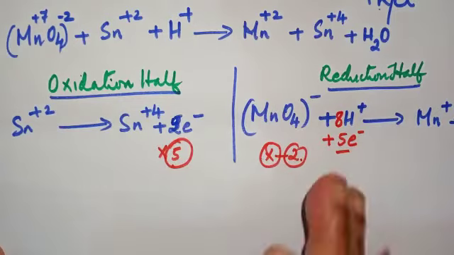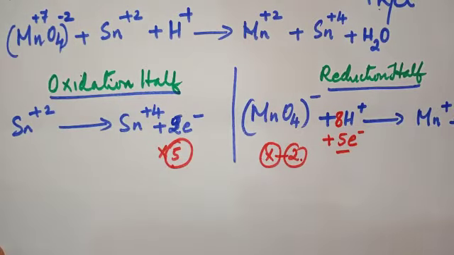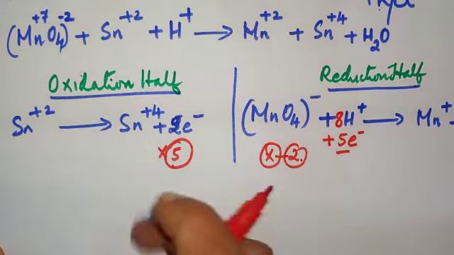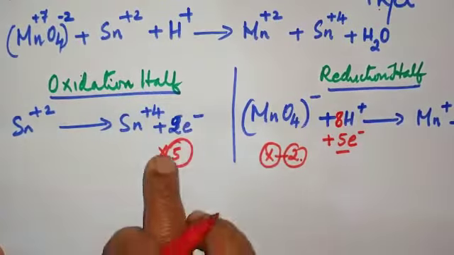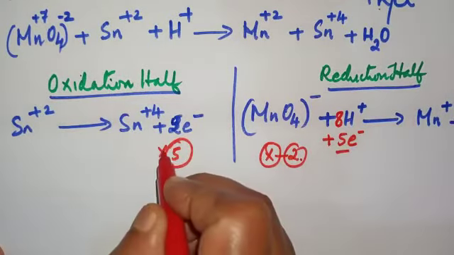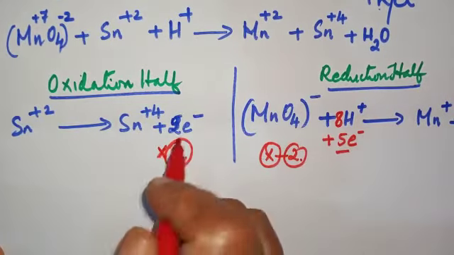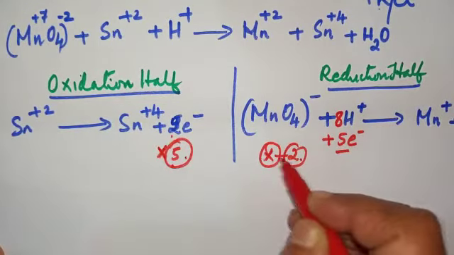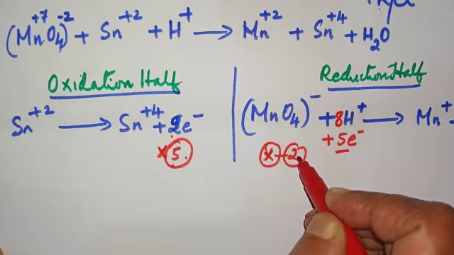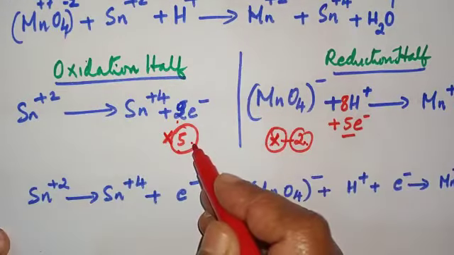So the number of electrons is not equal. To make it equal, we multiply the oxidation half reaction by 5, and the reduction half reaction by 2. Got it? Fine.